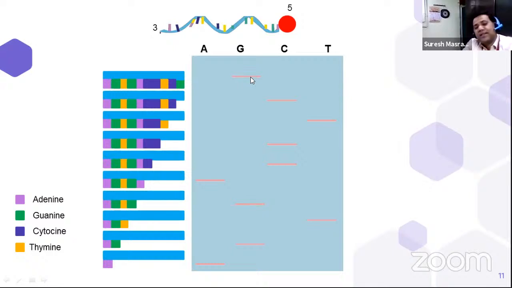Then the last, the tenth band, appears in the second lane. Thus, the attaching nucleotide is dideoxyguanosine triphosphate, and the tenth nitrogenous base is guanine.